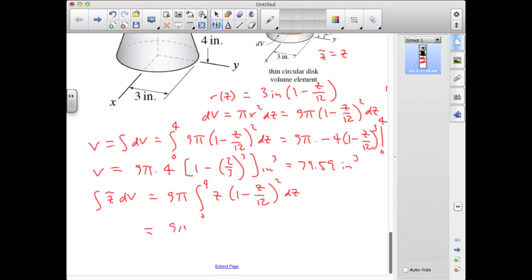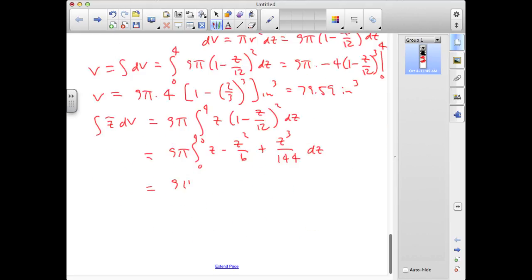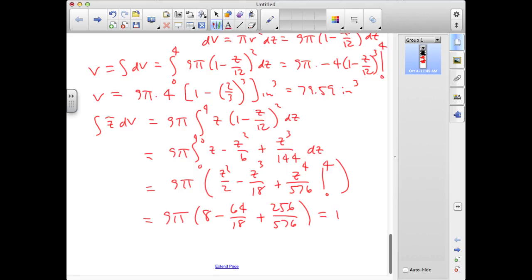This ends up looking like 9 pi integral from 0 to 4 of z minus z squared over 6 plus z cubed over 144 dz. That gives us 9 pi times the quantity z squared over 2 minus z cubed over 18 plus z to the 4th over 576 between these limits. And that gives us these numbers, which gives us 138.2 inches to the 4th.